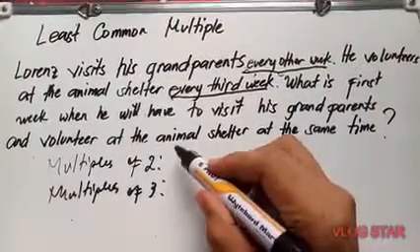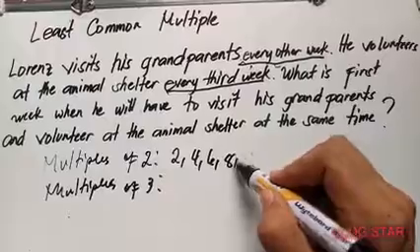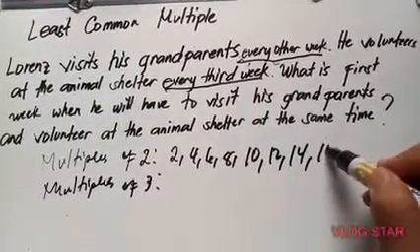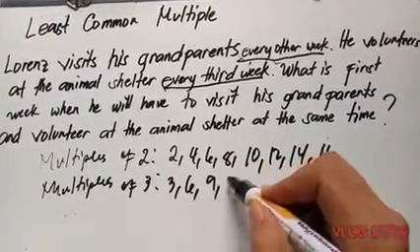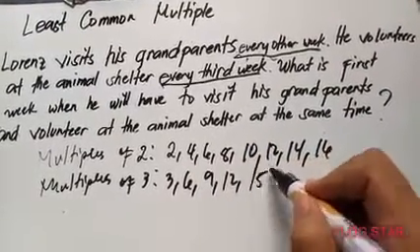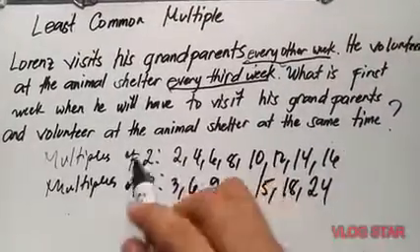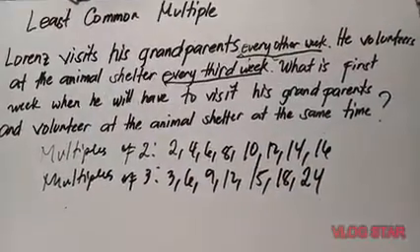So let's get the multiples of the two numbers: 2, 4, 6, 8, 10, 12, 14, 16, and 3, 6, 9, 12, 15, 18, and 21. So here are the first few multiples of 2 and 3.